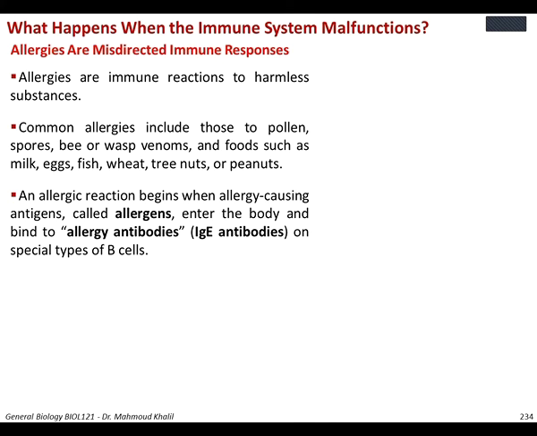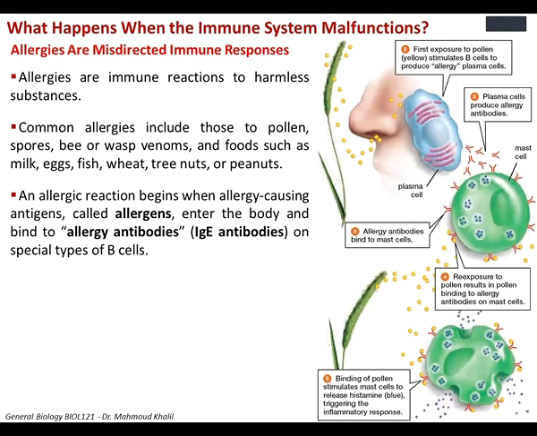So an allergic reaction begins when an allergy-causing antigen, called an allergen, enters the body and binds to the allergy antibodies, which are IgE antibodies on a special type of B cell. So you can see here, initially the body is exposed to pollen grains, for example.